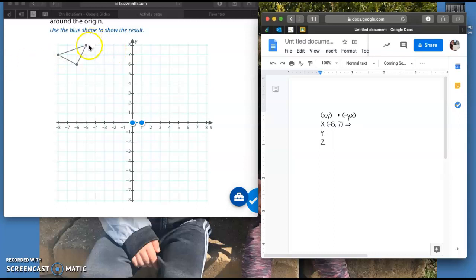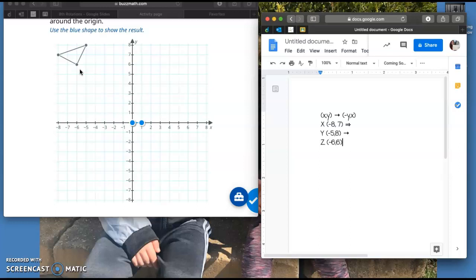Y is up here, and that's at (negative 5, 8). So you can do this, like I said, in a document, or on paper. It doesn't matter. And then Z is at (negative 6, 6).